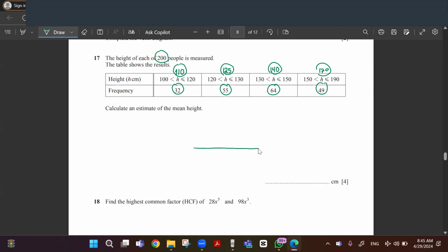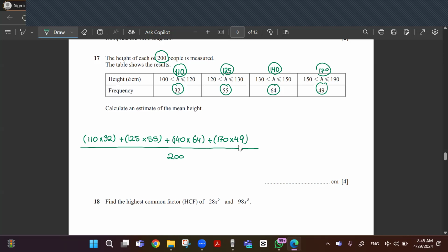So I have here the fraction. I will divide by 200. And here multiply each midpoint by its frequency. 125 multiplied by 55 plus 140 multiplied by 64 plus 170 multiplied by 49.